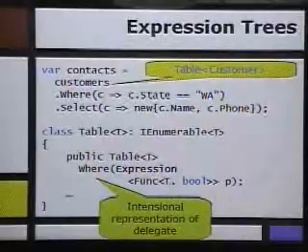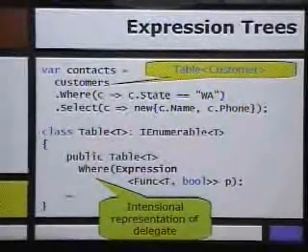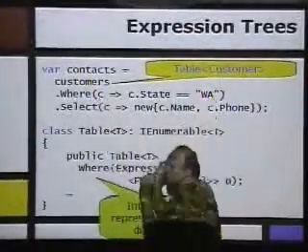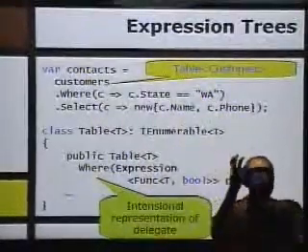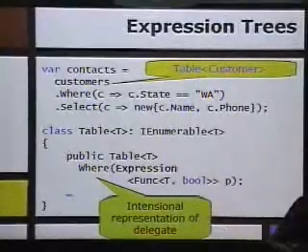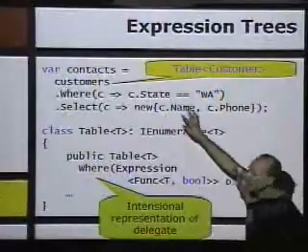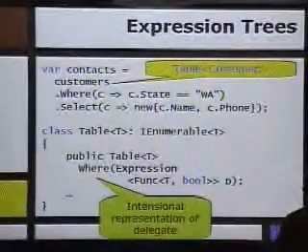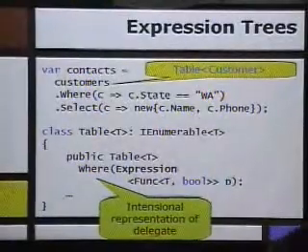So this is one piece of magic that's built into the C# compiler. This lambda expression can be converted either into a delegate or into an expression tree that represents that delegate. So you can get an intentional representation of that delegate, so you can do metaprogramming. If you know Lisp, you say, oh, in Lisp I can do that with quote and quasi-quote.